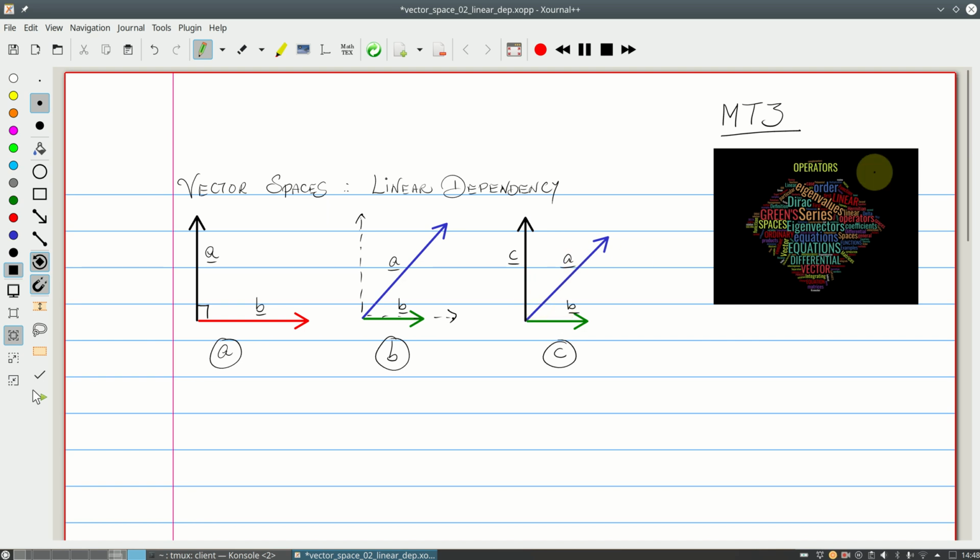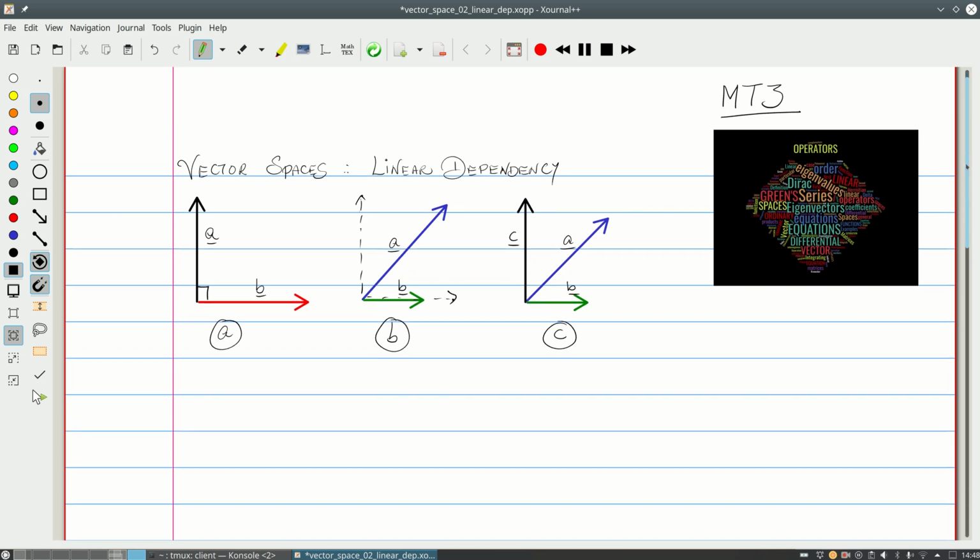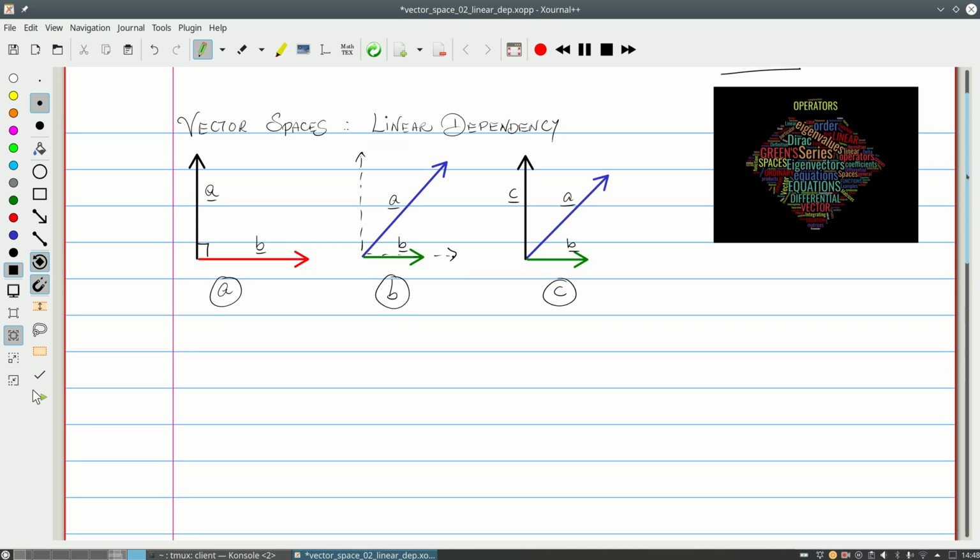Now, what we want to do is formalize these ideas and put down a definition of what linear dependency is. Well, before coming down there, let's just put down the simpler idea of a linear combination. All right. So if we've got vectors, let's not write A, B, and C. Let's call them A1, A2, all the way to AN.